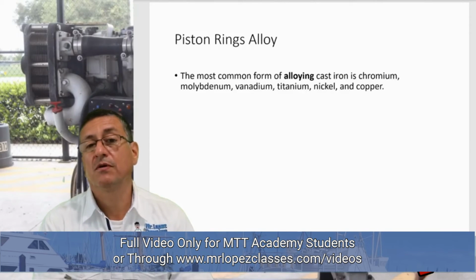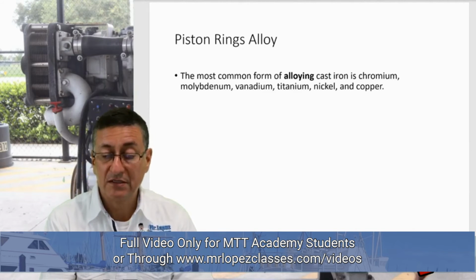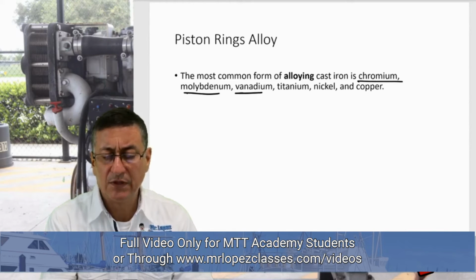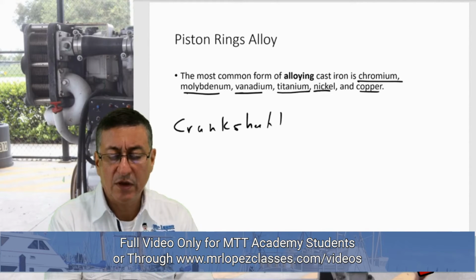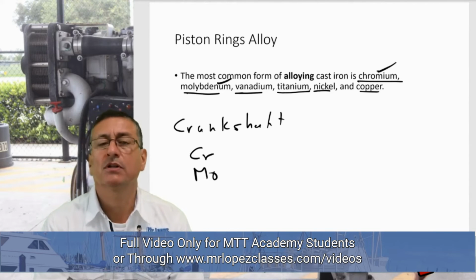The most common alloys for piston rings have an excessive amount of chromium, molybdenum, vanadium, titanium, nickel, and copper. And if you remember on the crankshaft, we have high concentration of chromium and high concentration of molybdenum. Once again, chromium and molybdenum. Very important.